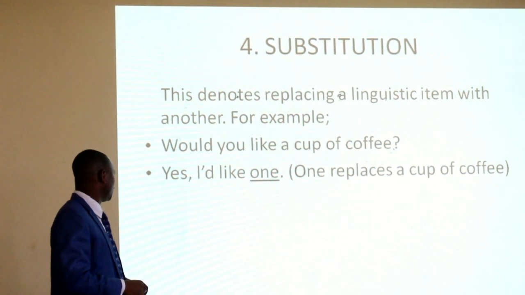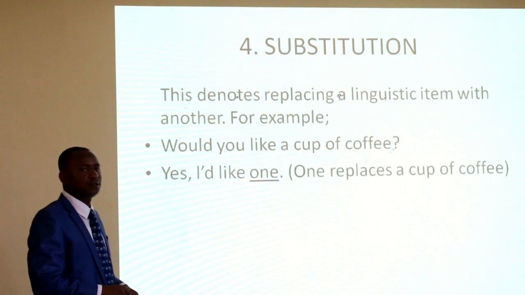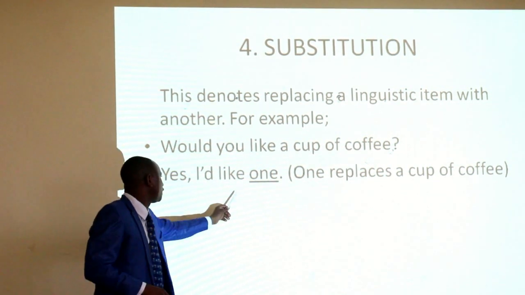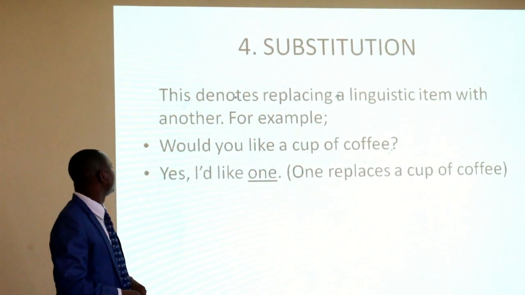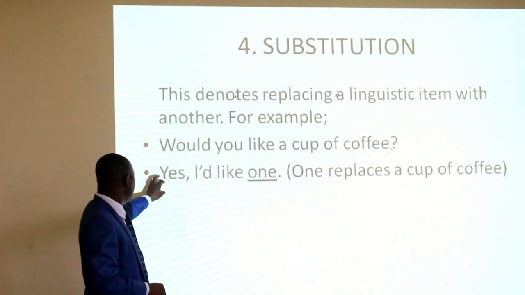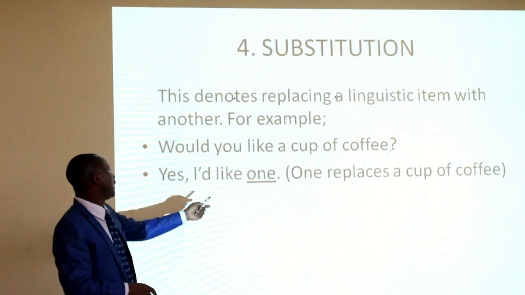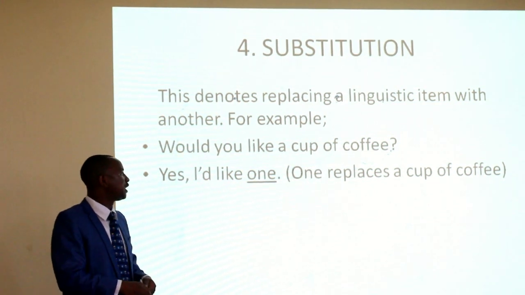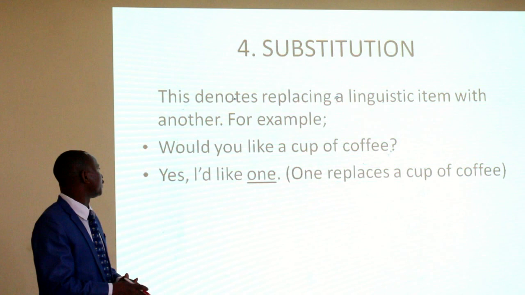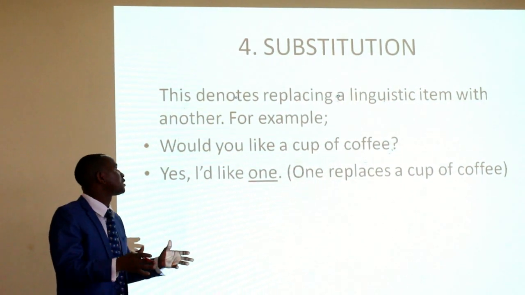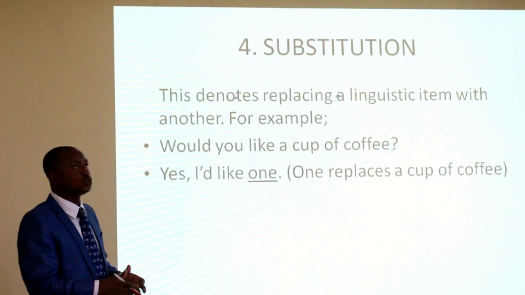One replies, yes, I'd like one. One is here underlined. One could also say, yes, I would like a cup of tea. So here one has been used to replace a cup of coffee. So that is the sense with substitution.